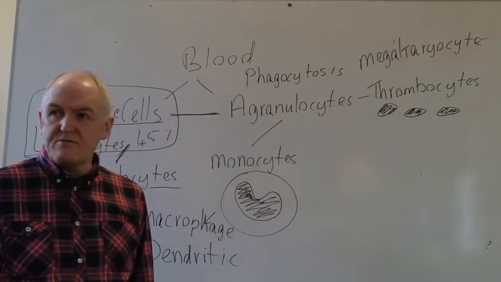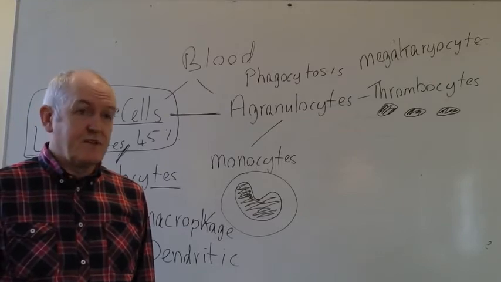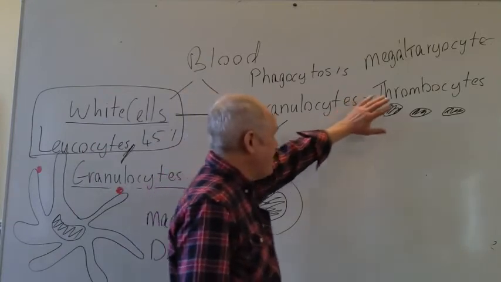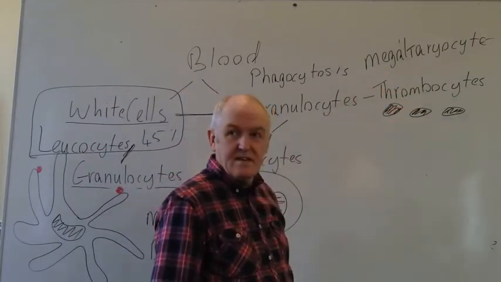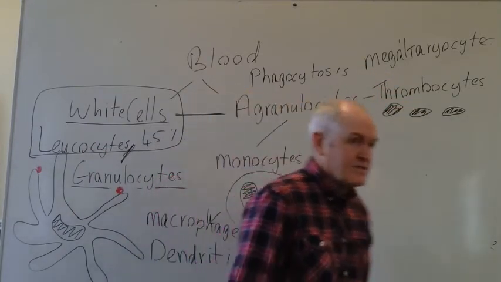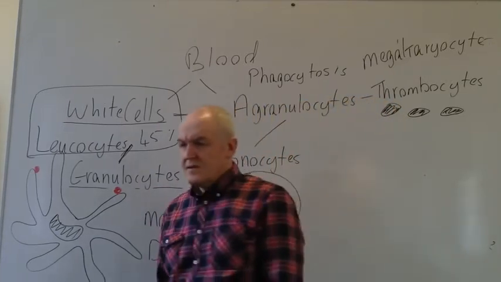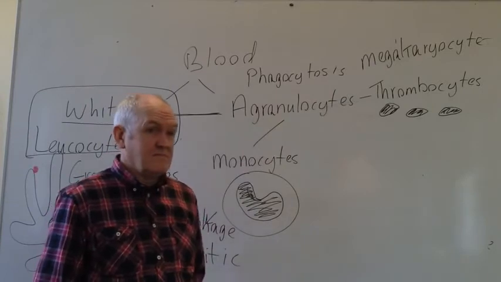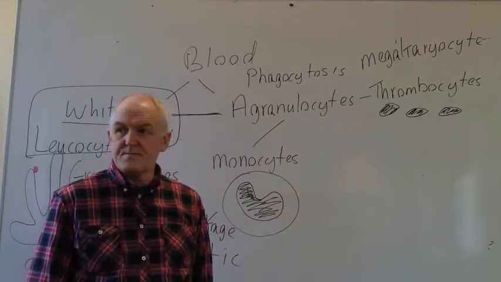So you know a lot of patients are on 70 milligrams of aspirin a day. That's why. It makes these less likely to activate, less likely to stick together. So hopefully we won't get any blood clots that we don't want.